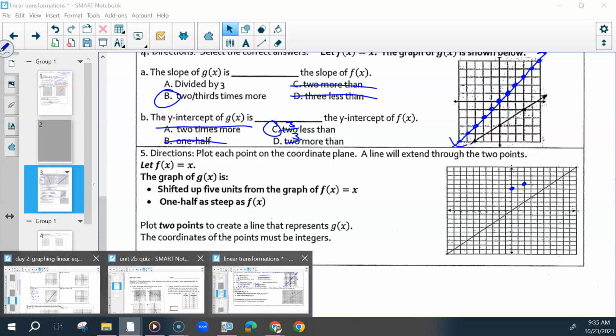Or you can be working on any of the Delta Math linear transformations activity that's due on Friday. But you need to be working on one of those 3 things. You can work together, you can move around, you can use demos, your calculator, your notes, all those things. Use this time wisely.